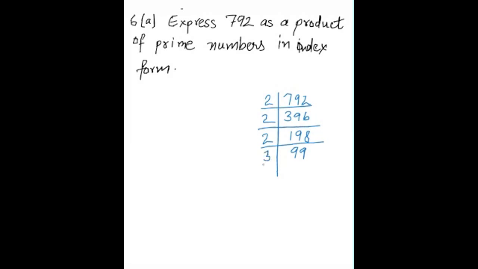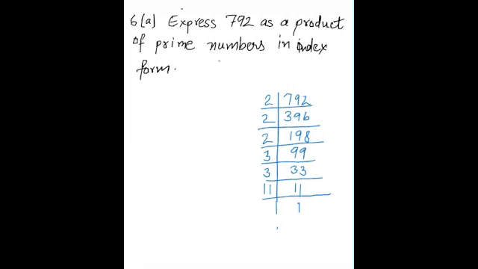If we use 3, then the remainder is 33. We can use one more 3, so then the remainder will be 11, and 11 is a number which is not divisible by any other number, so 11 is a prime number as well. We can use 11, which makes it 1.